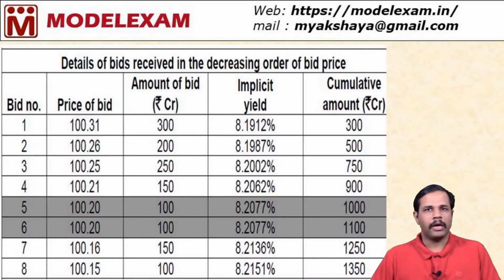So in multiple price auction, the bidders pay the price at which they had bid, whereas in uniform price auction, all bidders pay the cut-off price. Which auction the RBI uses depends upon the decision of RBI. Sometimes they may go for uniform price auction, sometimes for multiple price auction. So this is about auction of government securities.